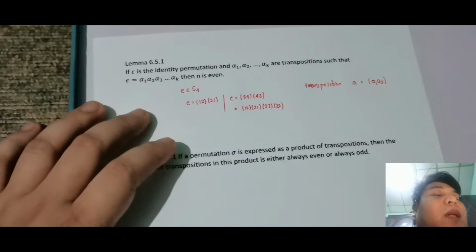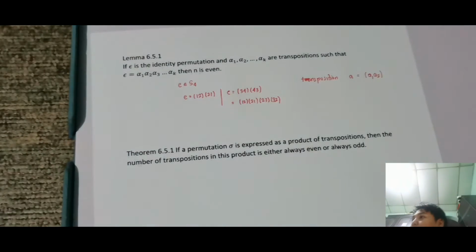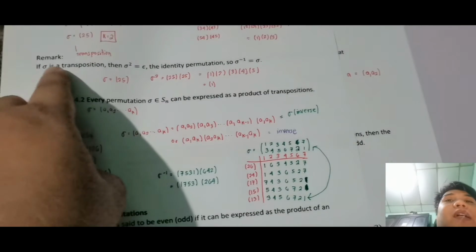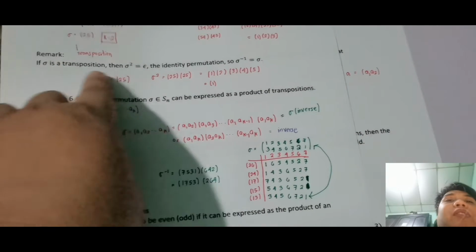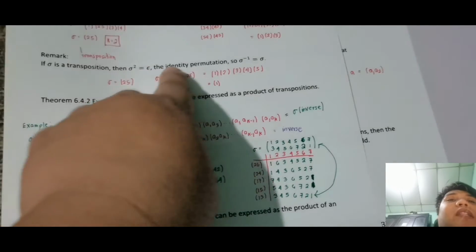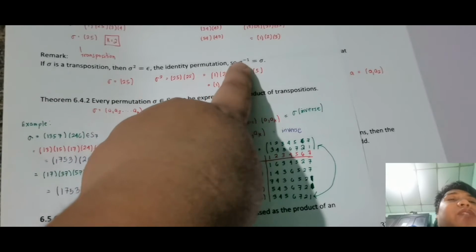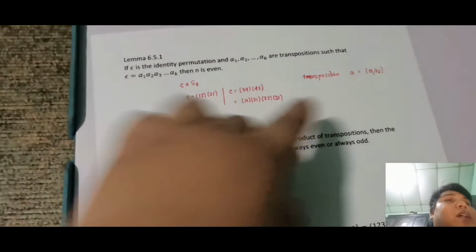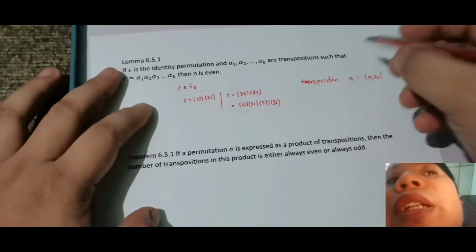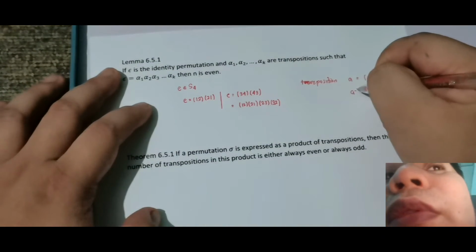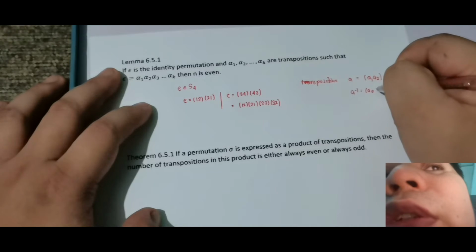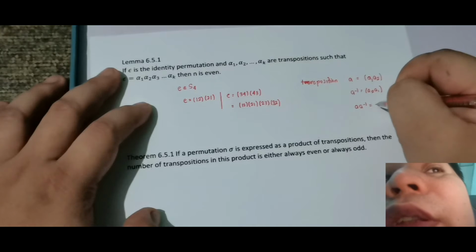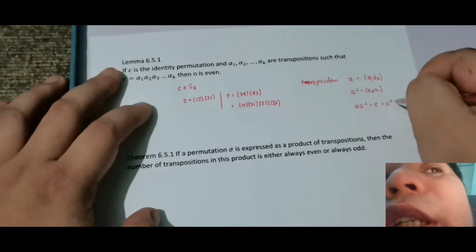Okay, so sabi nga, may sinabi dun sa ating remark na if sigma is a transposition, then sigma square is identity, then the identity permutation, or yung inverse niya is yung sarili niya. So meaning, kung siya ay transposition, ang inverse nito is just A sub 2, A sub 1, in which A sub 1 asterisk A is equal to E, equal sa A inverse A.